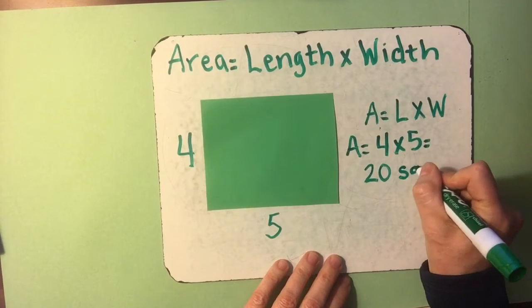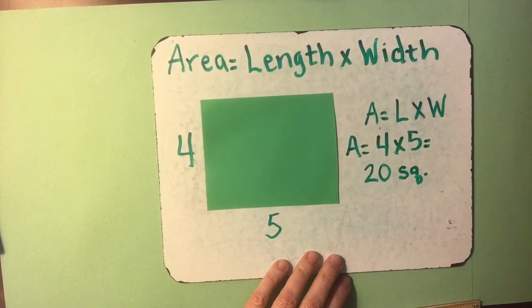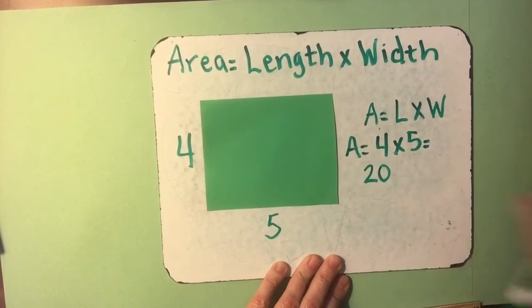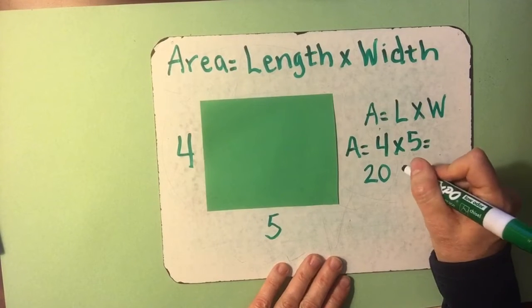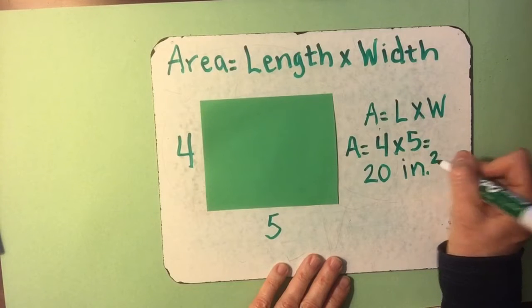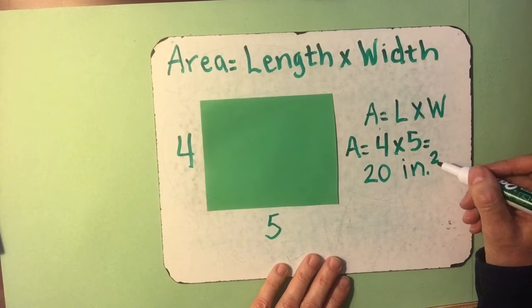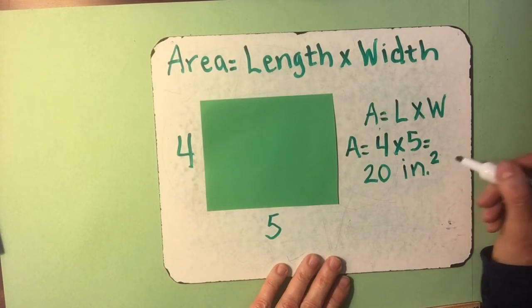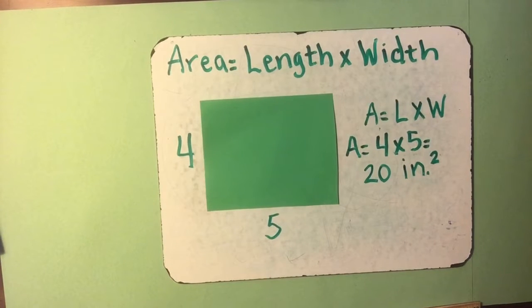So what I want you to write is SQ, or actually I think I'm going to have you do it a little bit differently. There's a couple different ways you can do it, but let's just get in the habit of doing it this way. You're going to write inches, period, squared. And that little baby 2 is up above the N and to the side, and that in math always means square. So square inches.